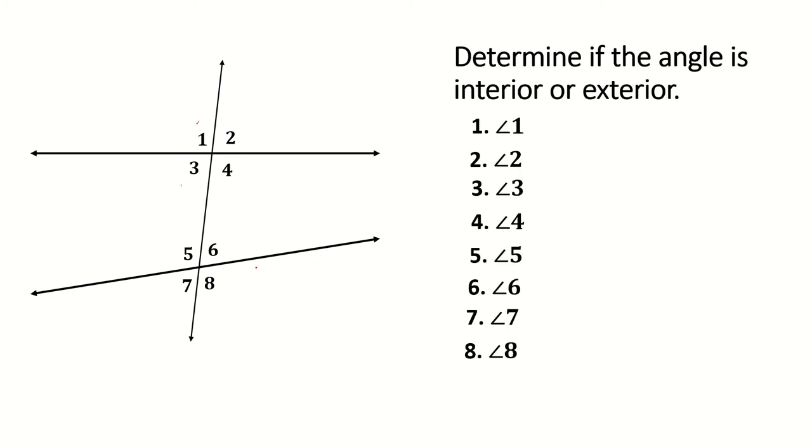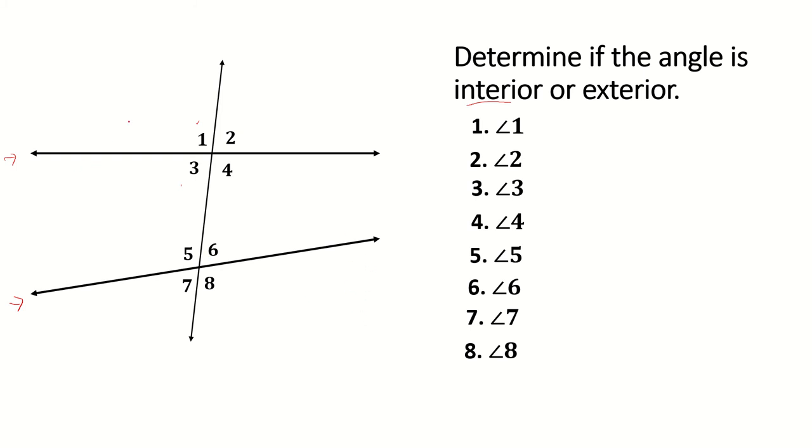From what I said a while ago, it's very important to identify the interior part and the exterior part. Our basis for that would be the two lines being cut by the transversal. The ones inside are what we call the interior part, and the ones outside, the upper portion of this line and the lower portion of this line, are what we call the exterior region.